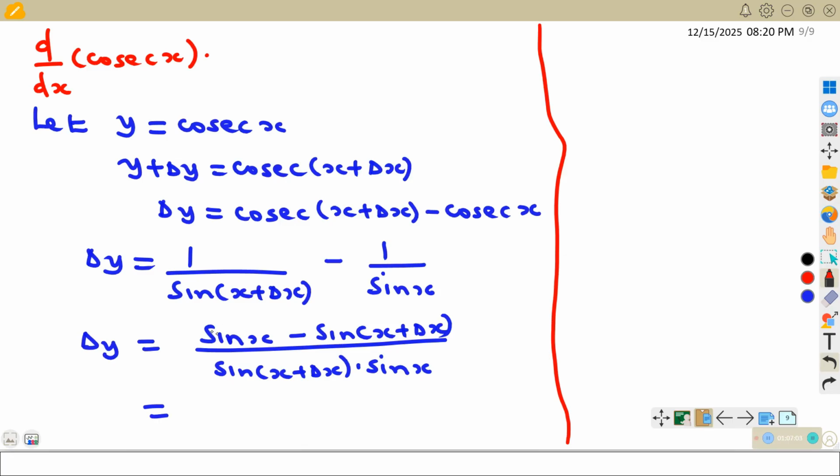I want us to talk about using the factor formula here: sine of x minus sine of x plus delta x. What do you get?